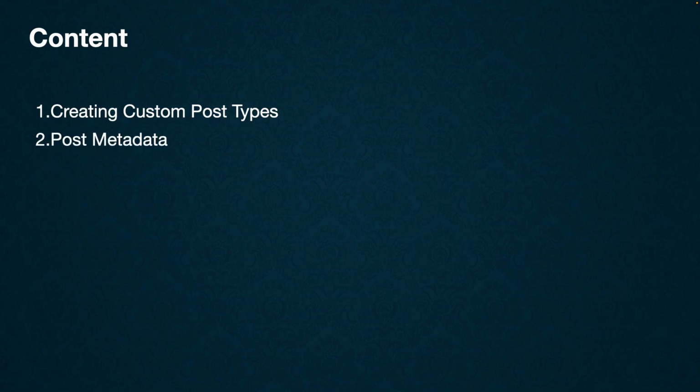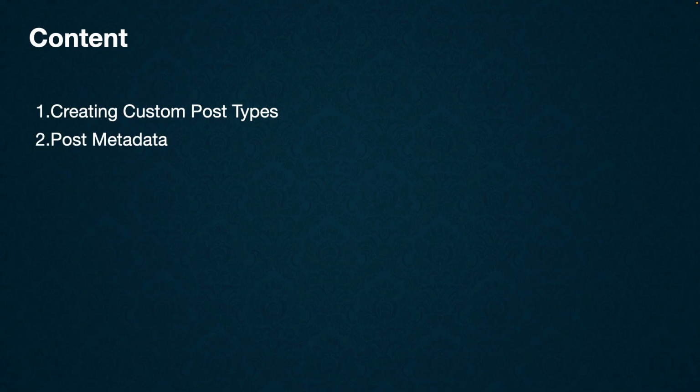then another most important part for WordPress, which is content. So in this content chapter we will talk about creating custom post types, why you will need them, and how you will create a post type, all of this will be described here. And then post metadata, basically related to custom post types, but every post may not have enough data for your requirement or your client's requirement.